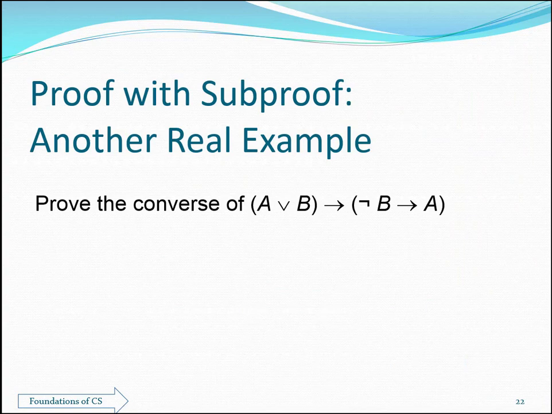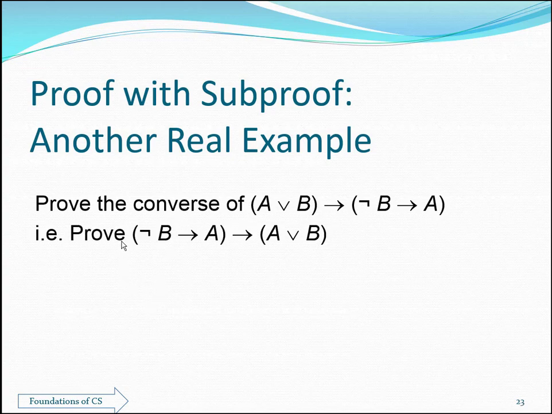Okay, so let's do a proof with another subproof. Let's do another example, a real example, not that outline thing. The question says, prove the converse of A or B implies not B implies A. So this implies has the lowest precedence here, but what the heck is converse?